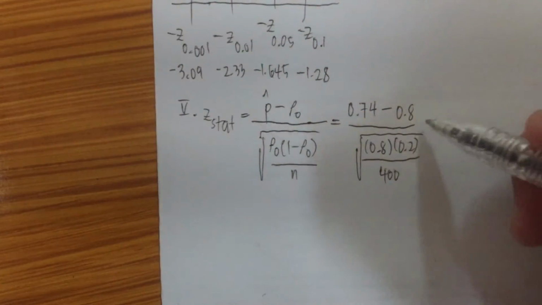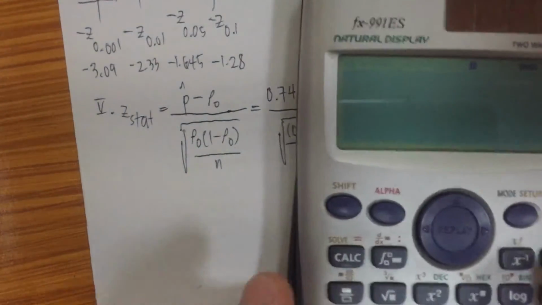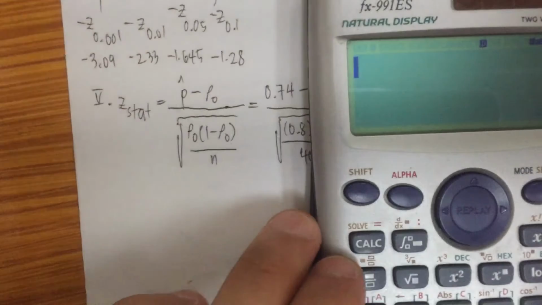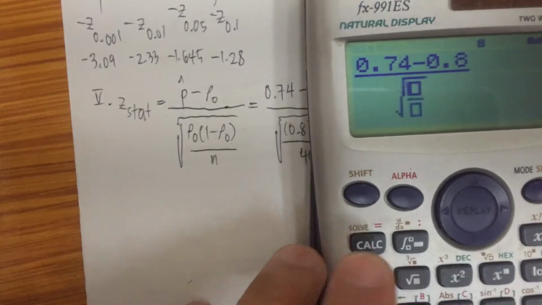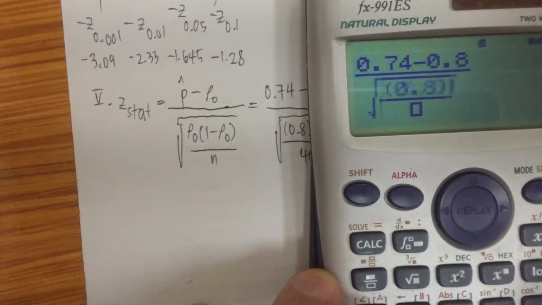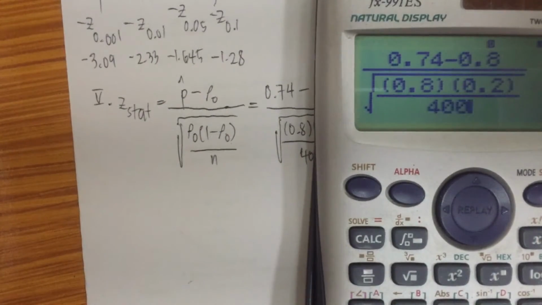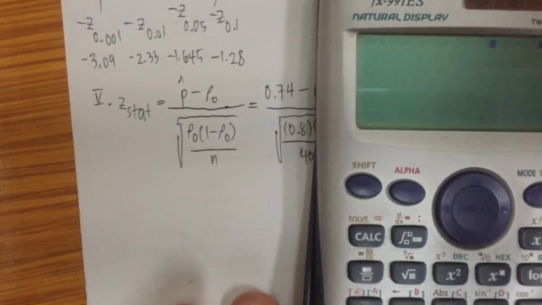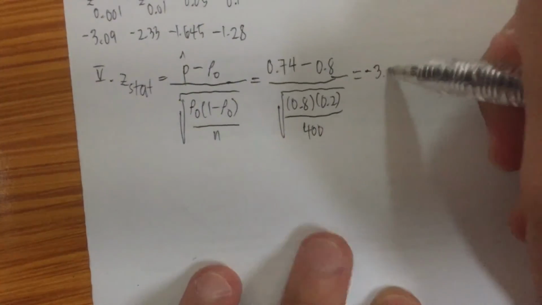So when we compute for this test statistic, so again, that's 0.74 minus 0.8 over the square root of 0.8 times 0.2 over 400, we will get the test statistic of negative 3. That's exactly negative 3. Okay?